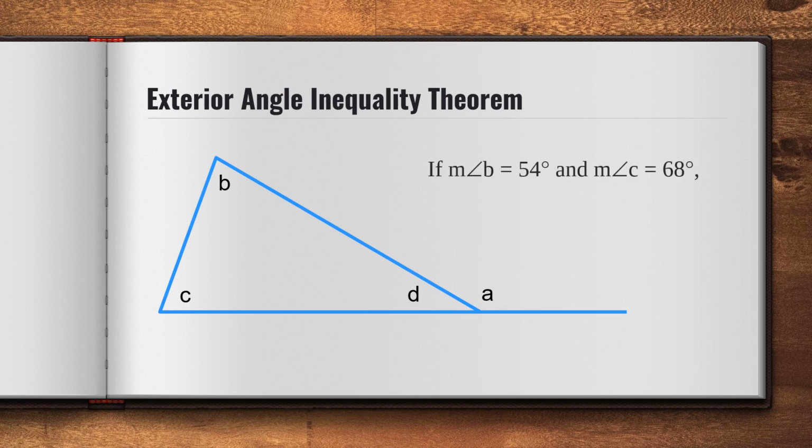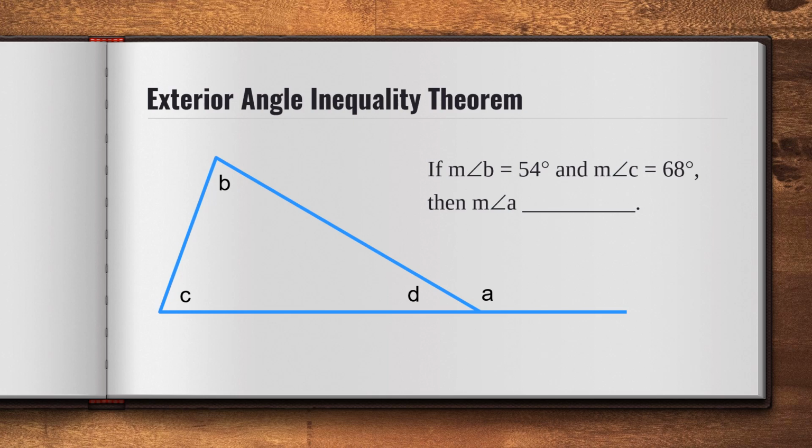So, sabi dito sa problem, if the measure of angle B is equal to 54 degrees and the measure of angle C is equal to 68 degrees, then the measure of angle A is blank. Okay? So, here we have a figure of a triangle and may extension siya, no? Kaya naka-form tayo ng exterior angle. At yung exterior angle natin ay angle A.